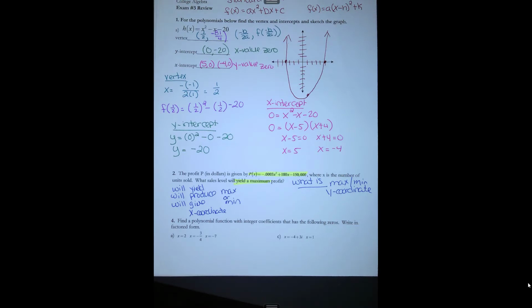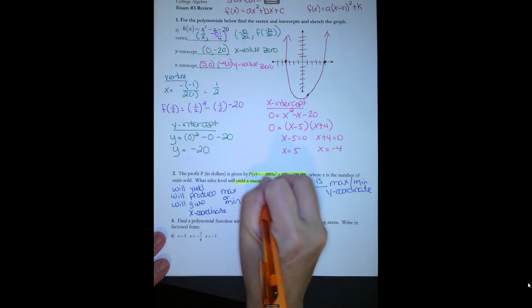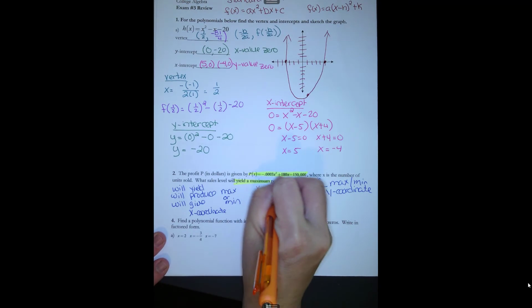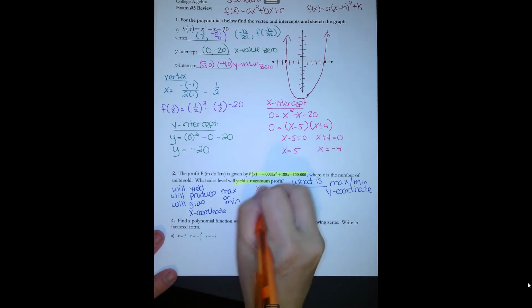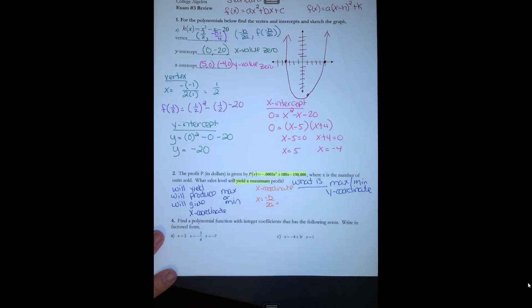But either way, we always have to find the x coordinate. So looking at this, since it says will yield a maximum, we're looking for the x coordinate of our vertex. So we're going to go x equals the opposite of b over 2a.